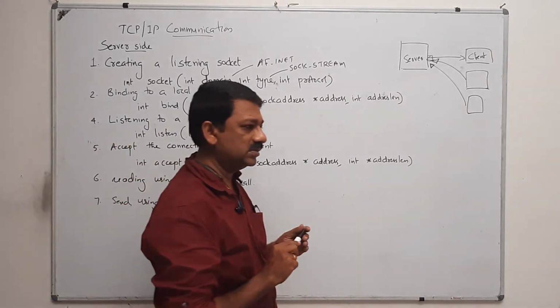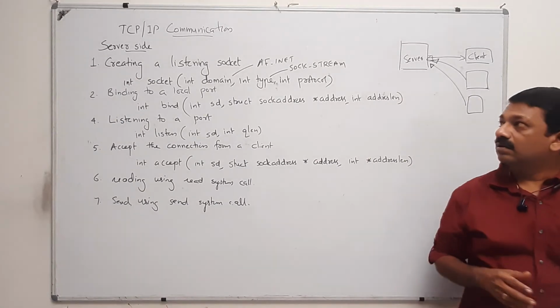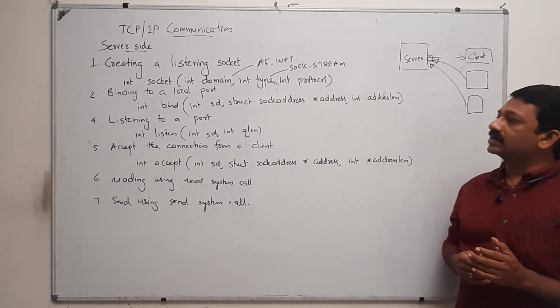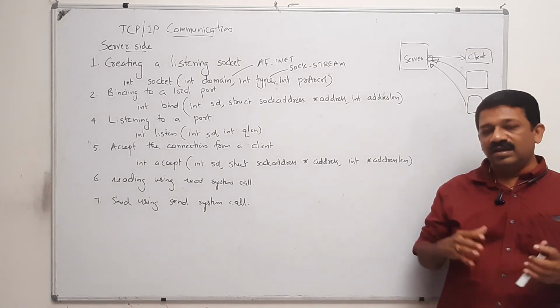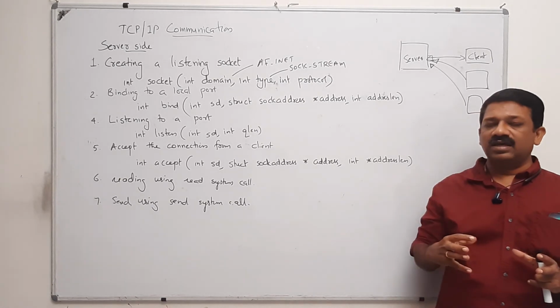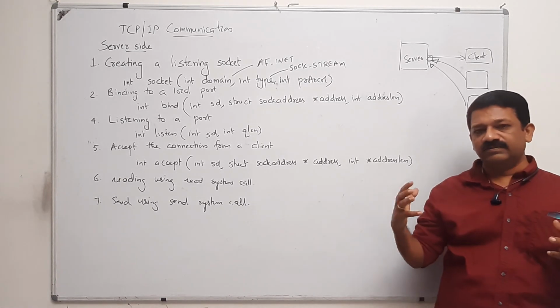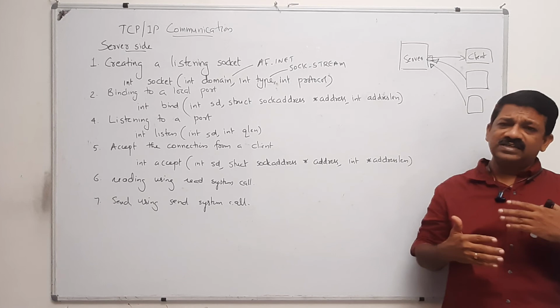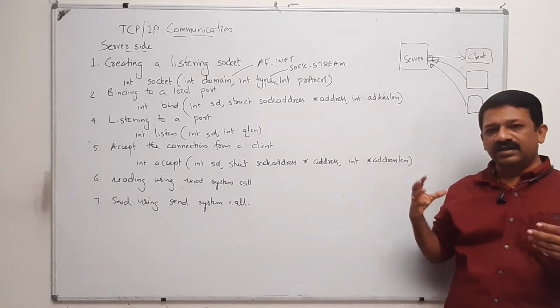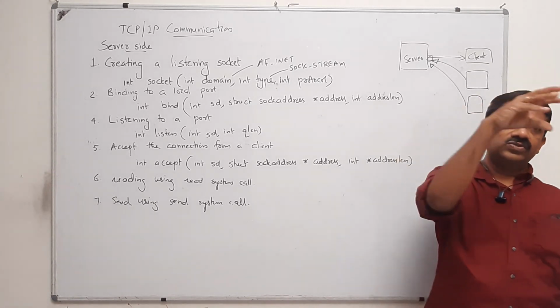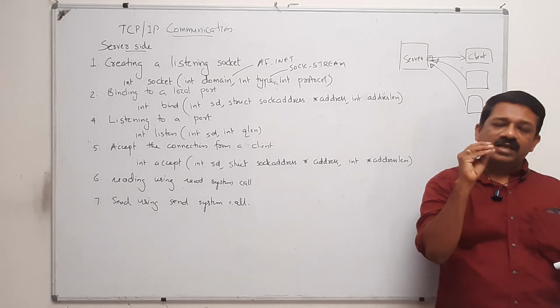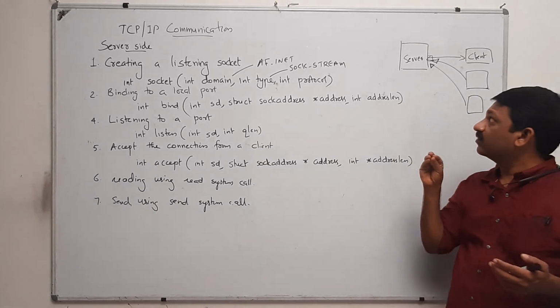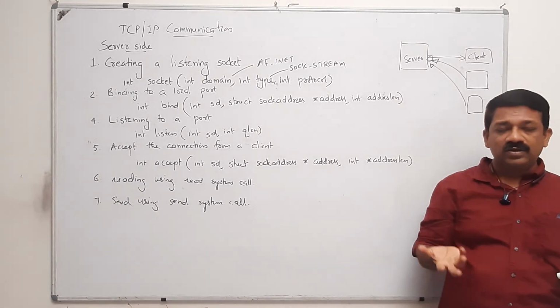For client to server communication, the client initiates. After setting up the details on the client side, it places a request to the server with the IP address of the server and the port number.